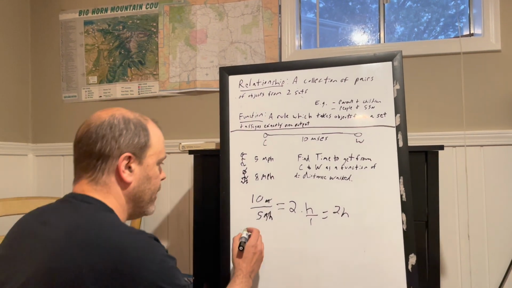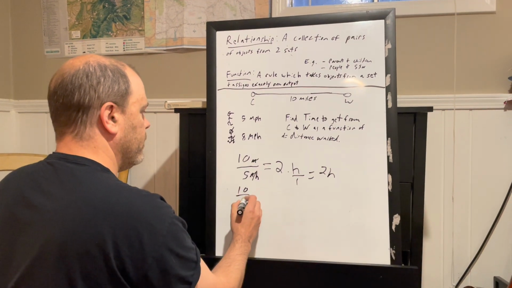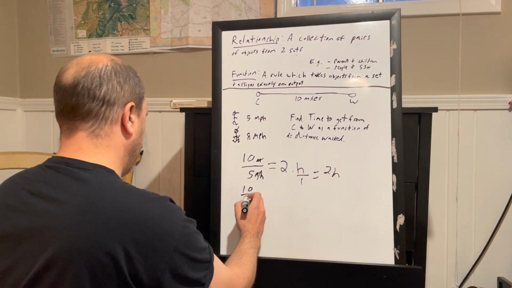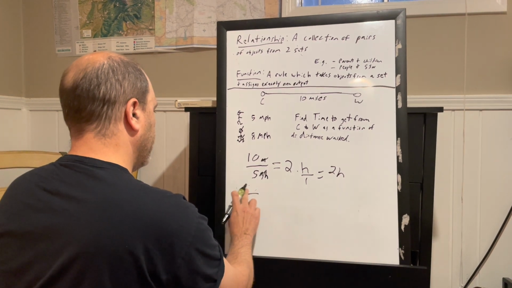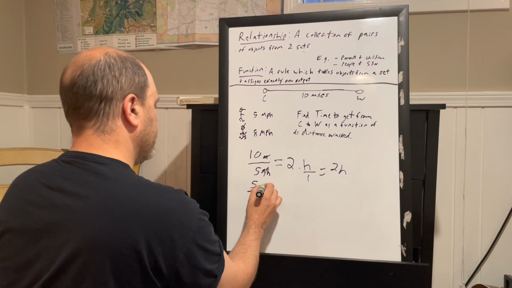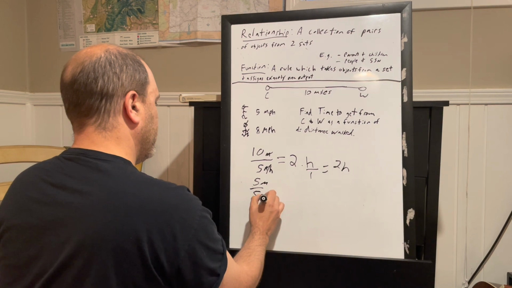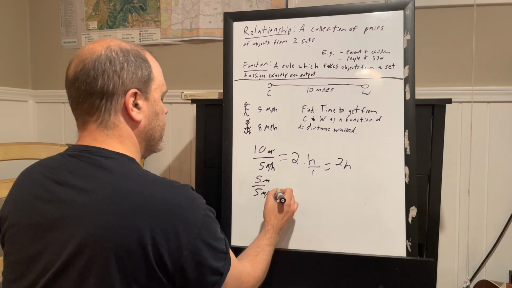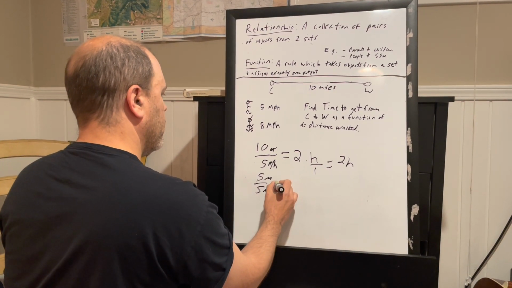The same thing, to show as an example, if you went 5 miles at 5 miles per hour, obviously that takes 1 hour.